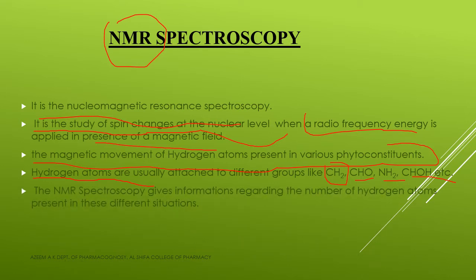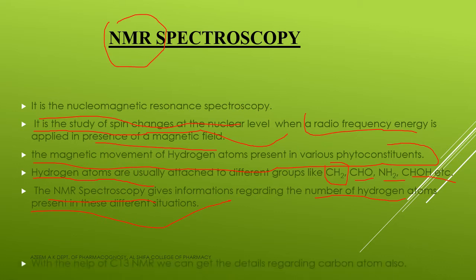Clear? Okay. The NMR spectroscopy will be giving different information regarding the number of hydrogen atoms present in these different situations. So here we are studying about the unknown structure only. So there we have to understand about the hydrogen atoms. So with the help of this NMR spectroscopy, it will be giving an idea regarding the number of hydrogen atoms and also about the different environments in which these hydrogen atoms are present.